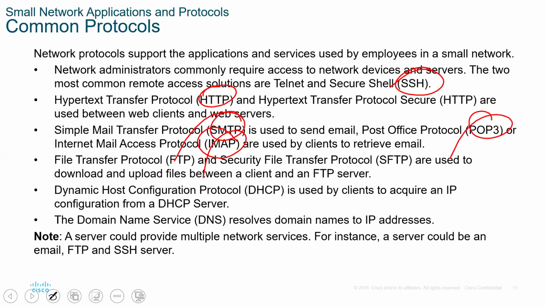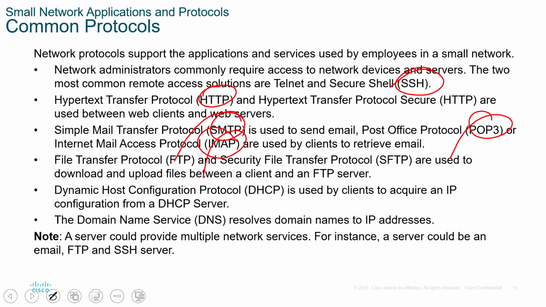Then you have the File Transfer Protocol and Secure File Transfer Protocol. They are used to download and upload files between a client and an FTP server. You also have DHCP, the Dynamic Host Configuration Protocol, which is used by clients to acquire an IP configuration from a DHCP server.